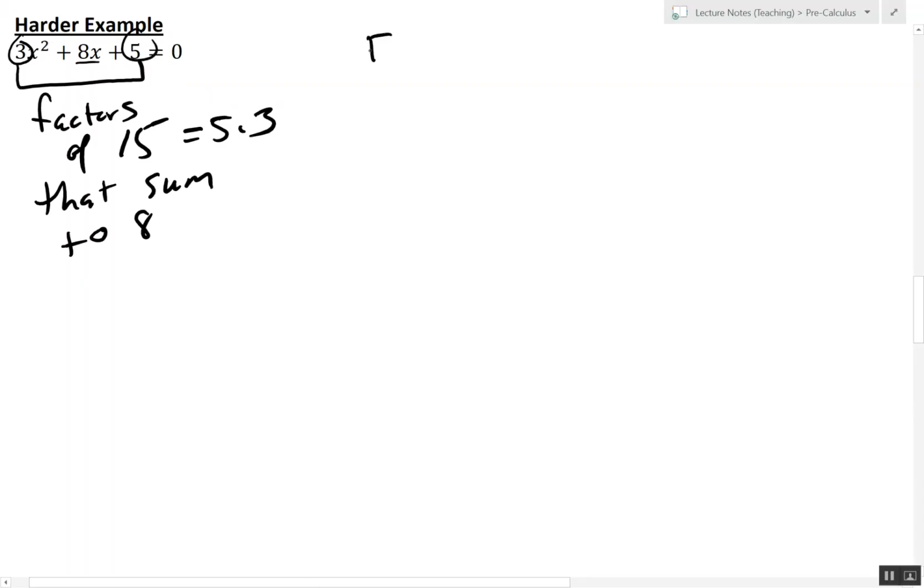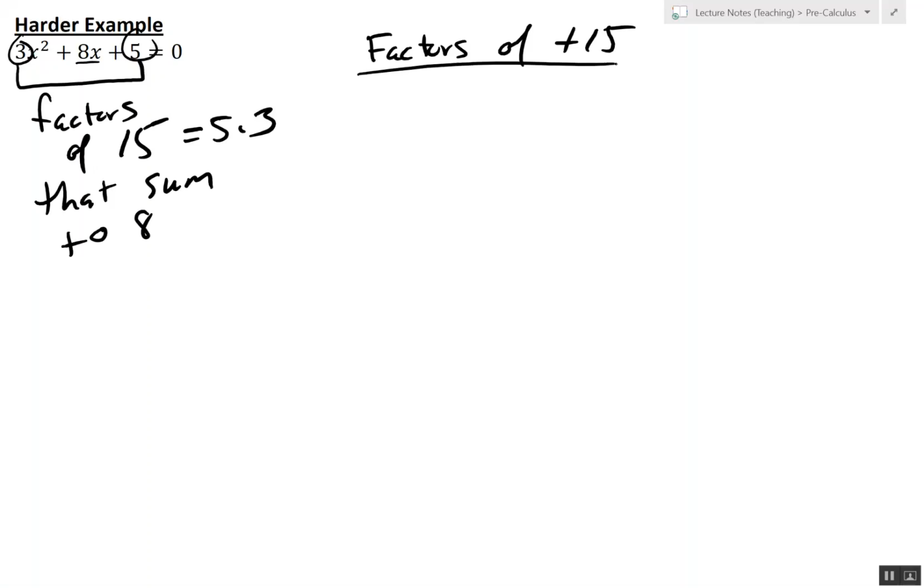So let's look at factors of 15. And notice, in these problems, I should have thought about this a little more when I designed it, but you do actually have to take sign into account.